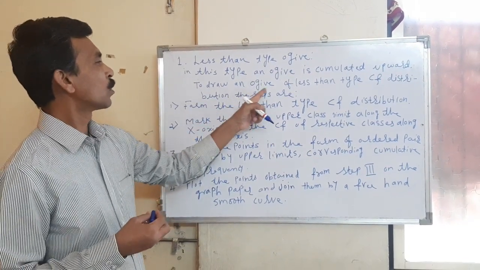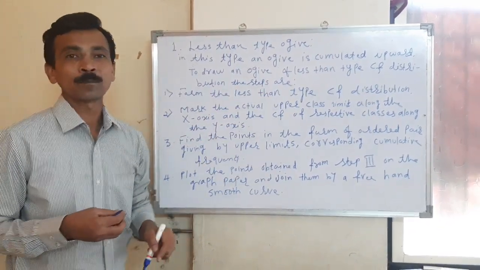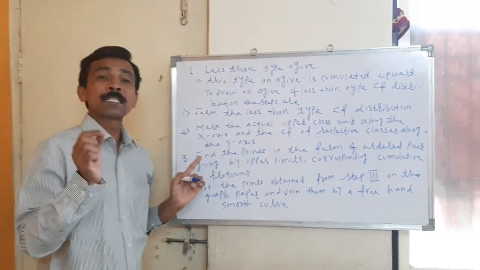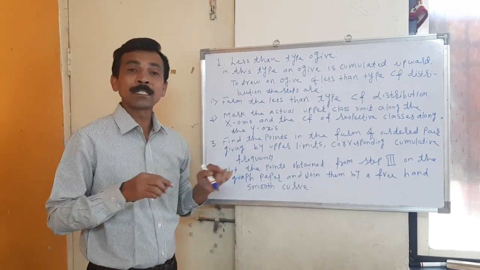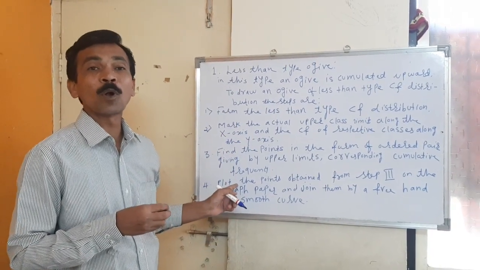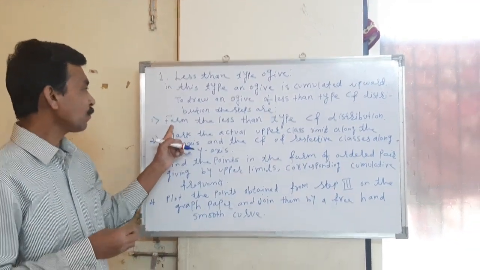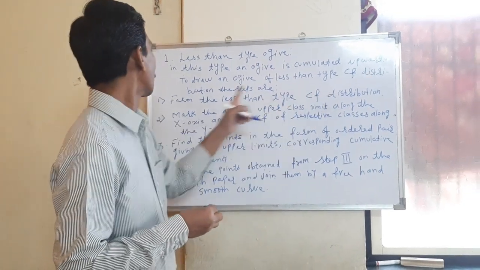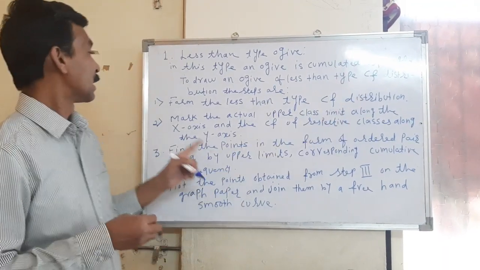To draw an ogive of less than type cumulative frequency distribution, there are 4 steps. I'll read these steps. Please listen to these steps very carefully, because after the table of the sum is ready, you have to follow these steps to plot the ogive on the graph paper. The first step is, from the given distribution, form the less than type CF distribution.